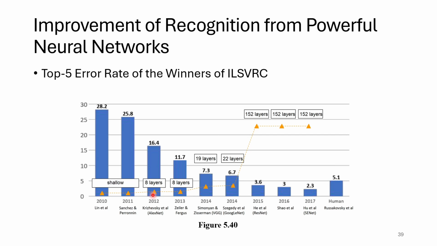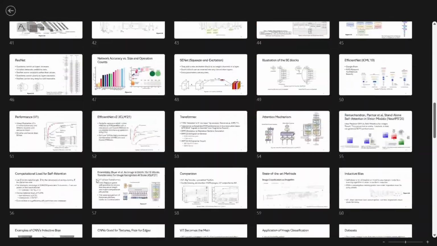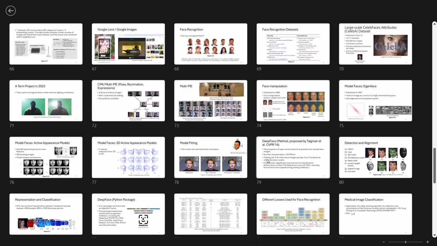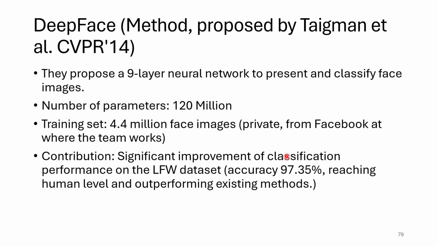Everybody wants to try. How can they use neural networks to deal with their existing problems? So in 2014, the first facial recognition algorithm using neural network for face recognition was proposed. It only consists of 9 layers.